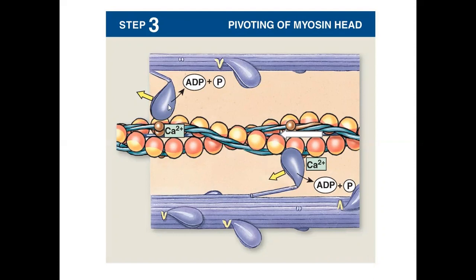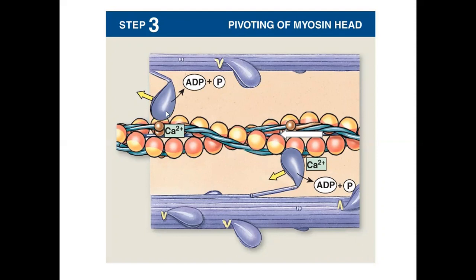Who is lost at that stage? You have lost inorganic phosphate, you have lost ADP, you have initiated a power stroke, you have moved the actin, and then you have lost the ADP. You have an empty pocket.